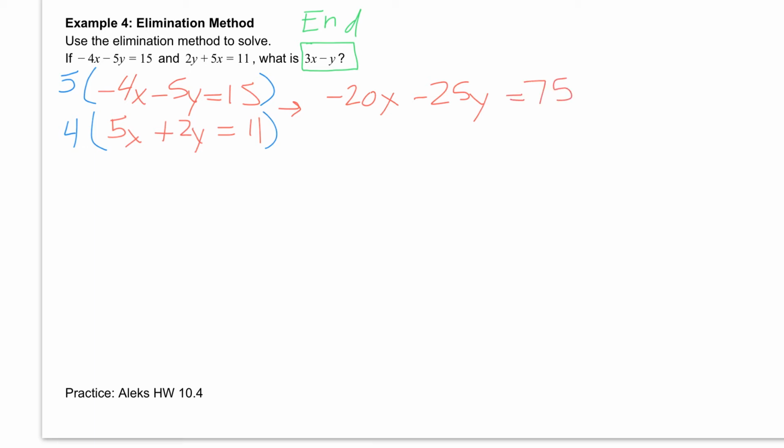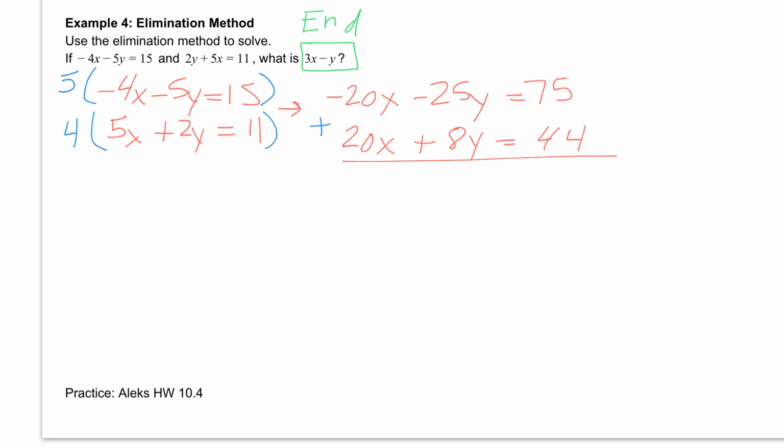And then I'm going to multiply the bottom by 4. 4 times 5x will give me 20x. 4 times 2y gives me 8y. And 4 times 11 will give me 44. Then I double check, do I have opposite coefficients? And I do. So now I know I can go ahead and add these two together.